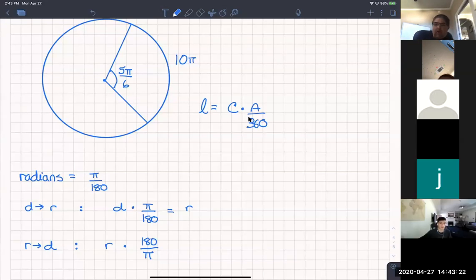That was the formula that I gave you in class, and that's when the angle is measured in degrees. If you're given the angle in radians, the arc length is simply the radius times the angle measure, but the angle measure is measured in radians.